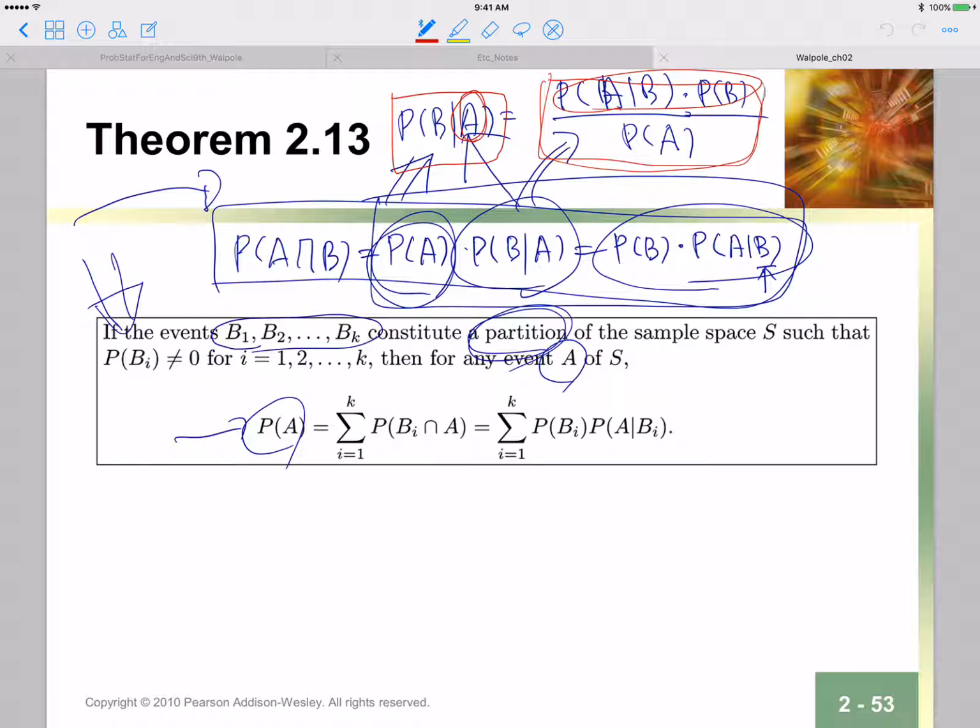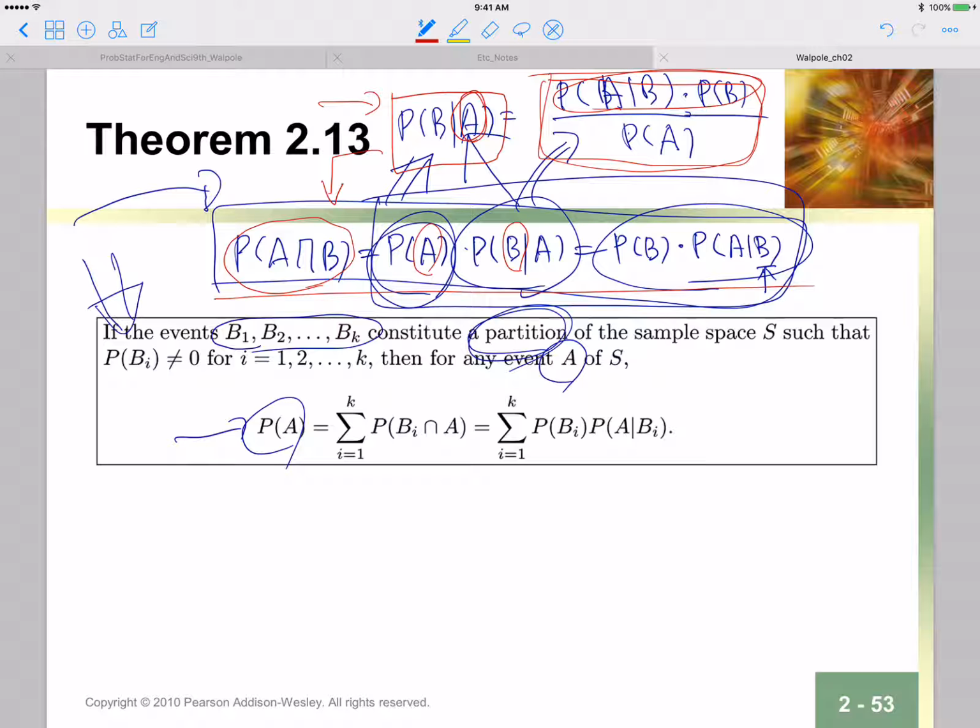From this definition of conditional probability, this can be rewritten in this form, and this equation allows us to change the order of the generation process of A and B. So here, the same joint probability of A and B simultaneously happening can be considered where A first happened, and then after A happened, B happened.